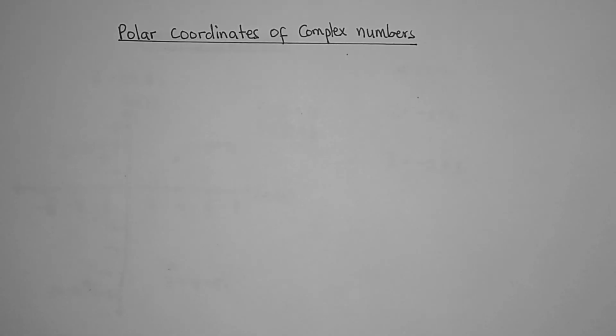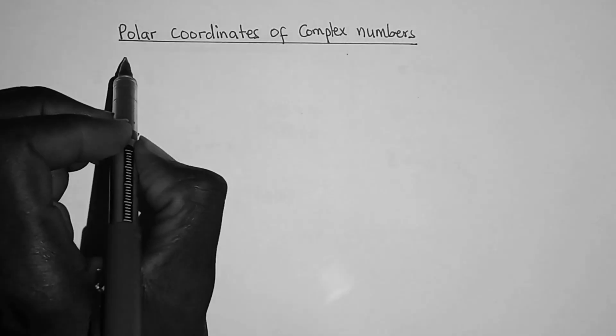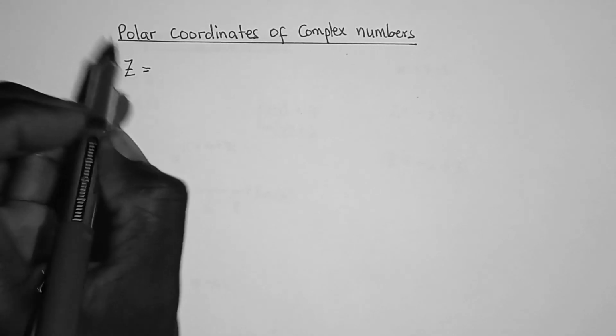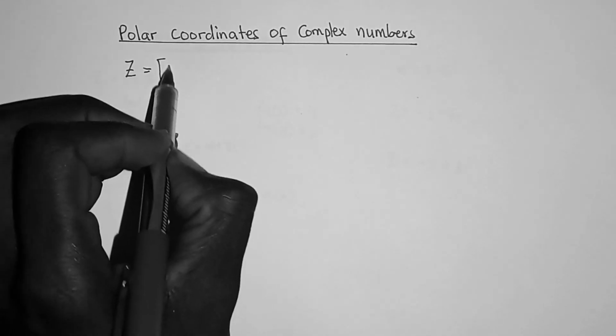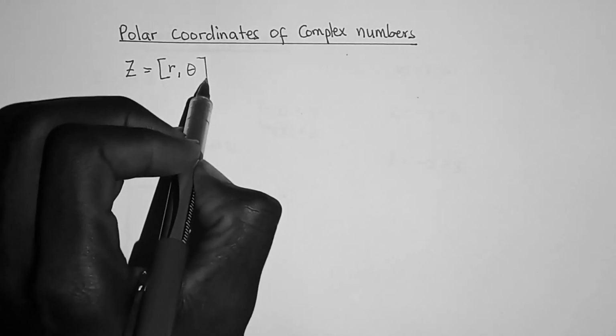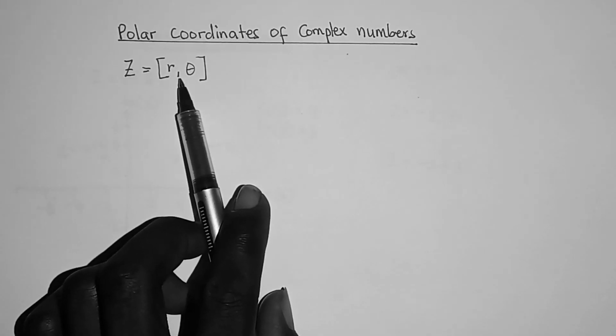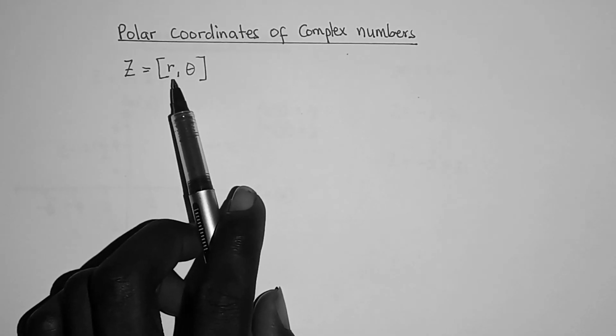Let's talk about the polar coordinates of a complex number. In the previous examples, we see that complex numbers were represented in the Cartesian form. A complex number can also be represented in the form (r, theta), where (r, theta) is the coordinates of the complex number in polar form.